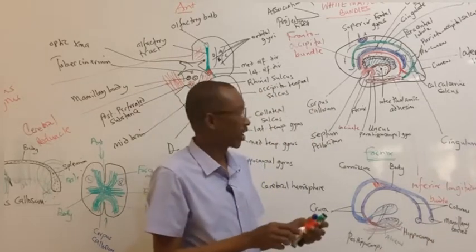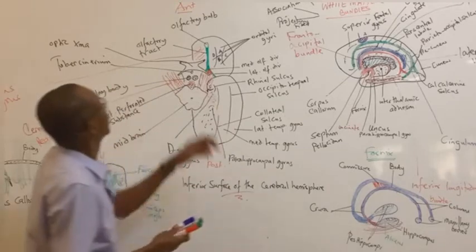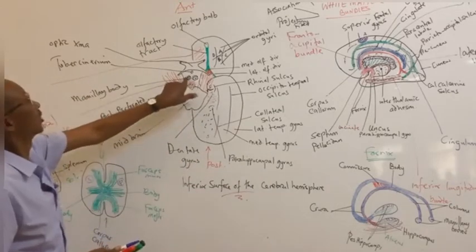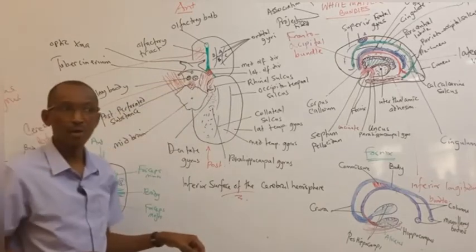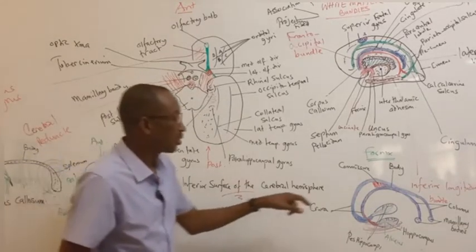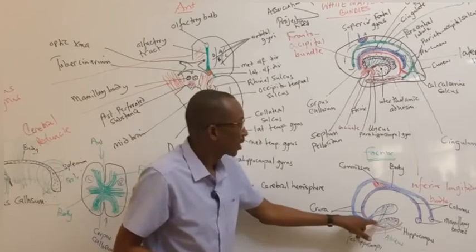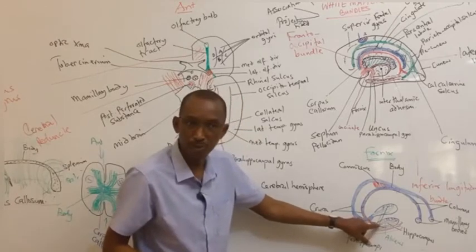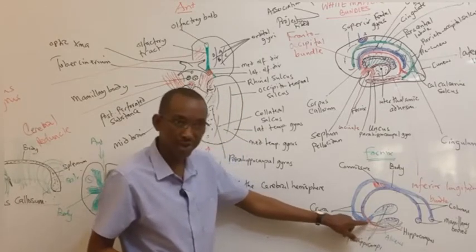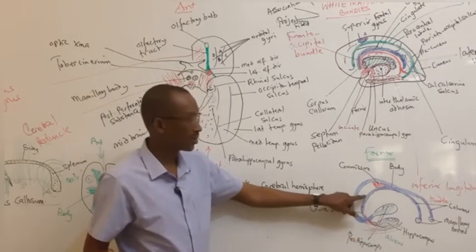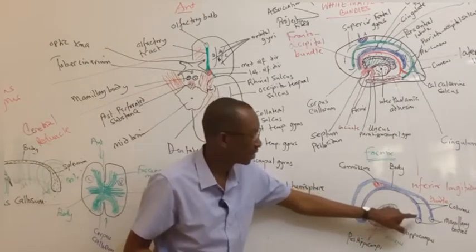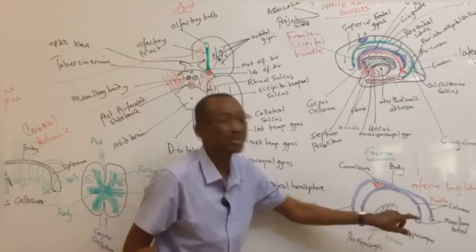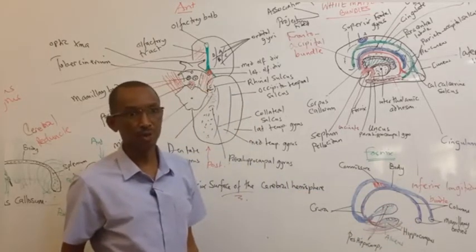If you can remember our drawing in the last video, we discussed the two mammillary bodies that lie in the interpeduncular fossa. So this fornix, as it begins from the hippocampus, passes backward initially, then upward, then forward, then downward and backward again to enter the mammillary body.